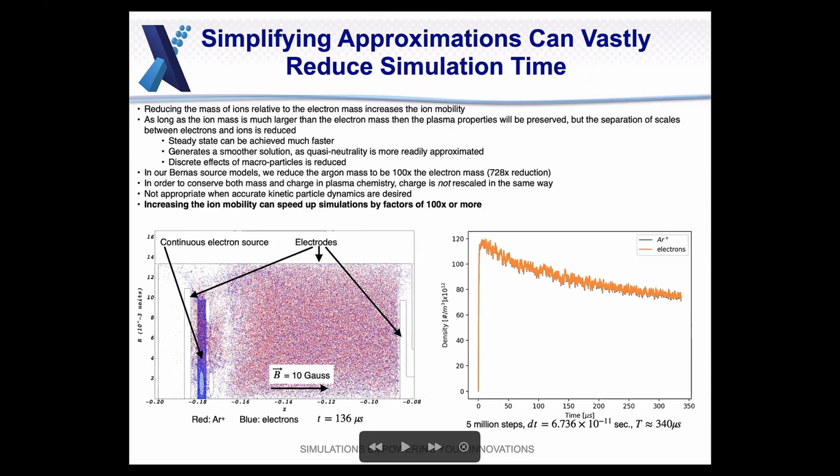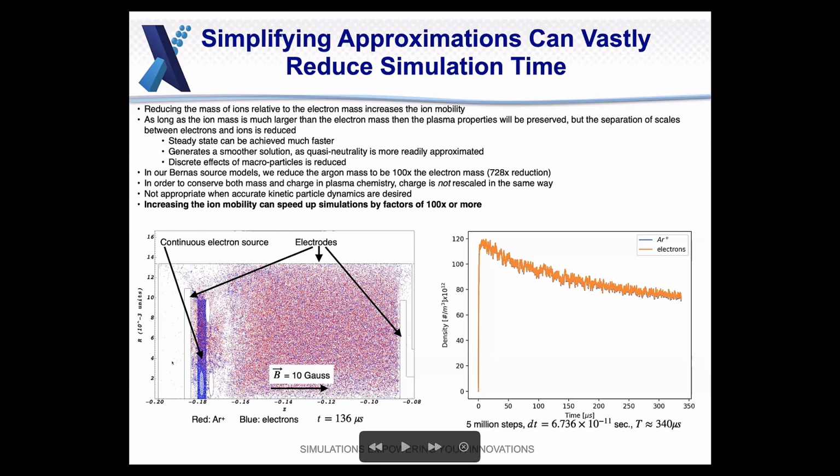And it's only going to work if you don't care about the actual trajectories of the ions. So if you're doing extraction, this is not going to work because the particles will not take the same trajectory as if they had the full mass. However, if you're looking at plasma buildup, then as long as it's slow compared to the electrons, this is a good way to increase your performance.